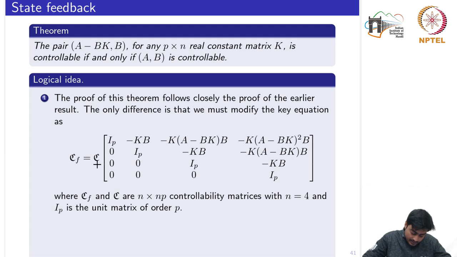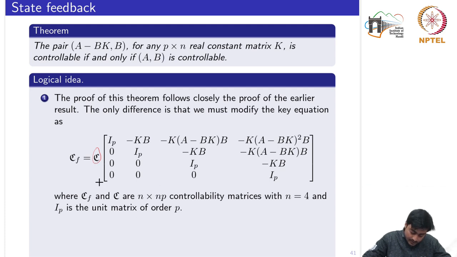Now, since we have p number of inputs, this controllability matrix would no longer be a square matrix, but it is ensured that the rank of this matrix is full rank.